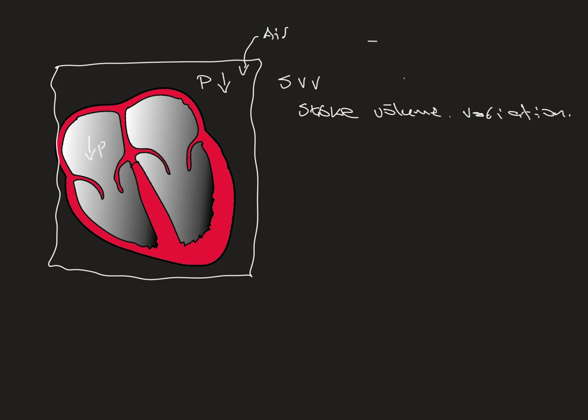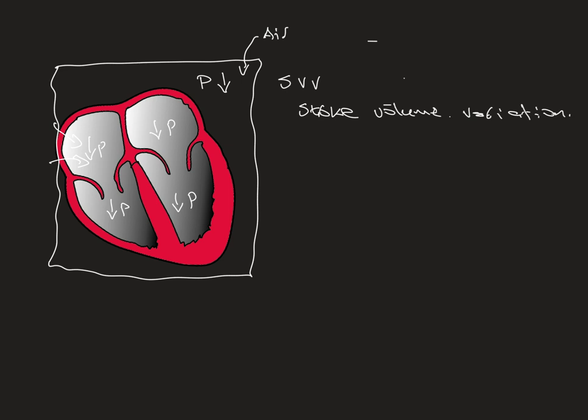But the heart being in there as well, every time you breathe in, the pressure also drops slightly in the heart, which effectively means that as you breathe in, a little bit more blood is sucked into the heart as well. So that is called stroke volume variation. How much more blood is going into the heart when we breathe in, okay?